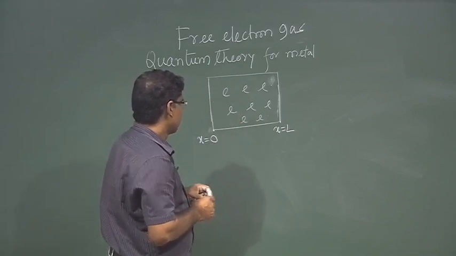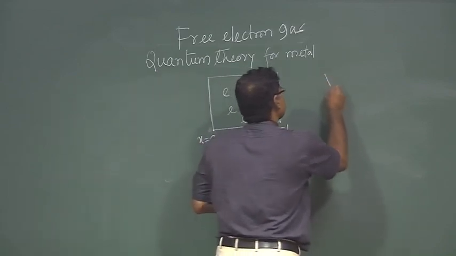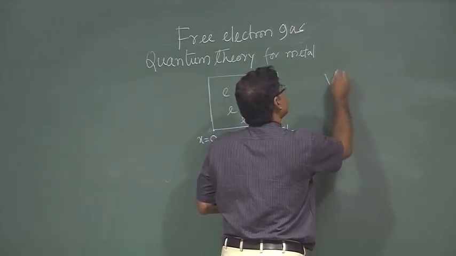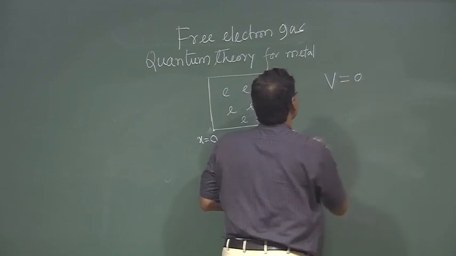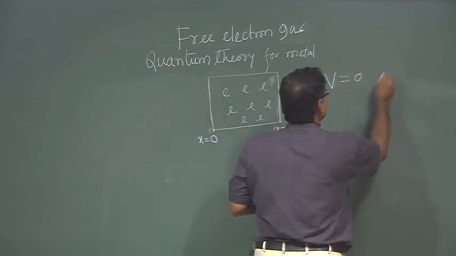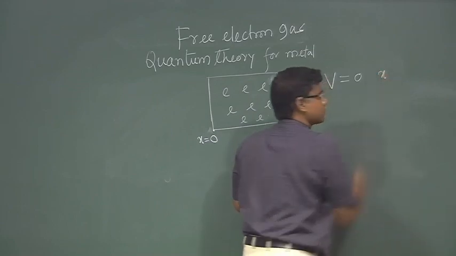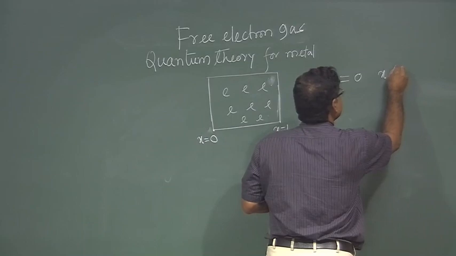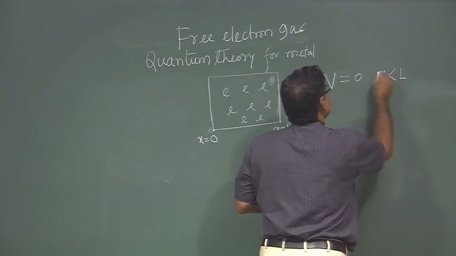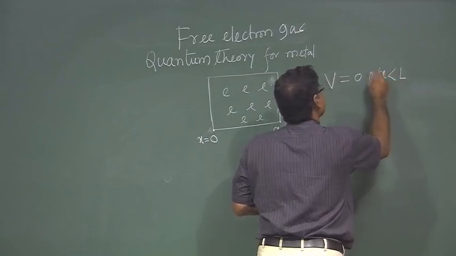So, this potential energy is 0 when x is less than L and greater than 0.